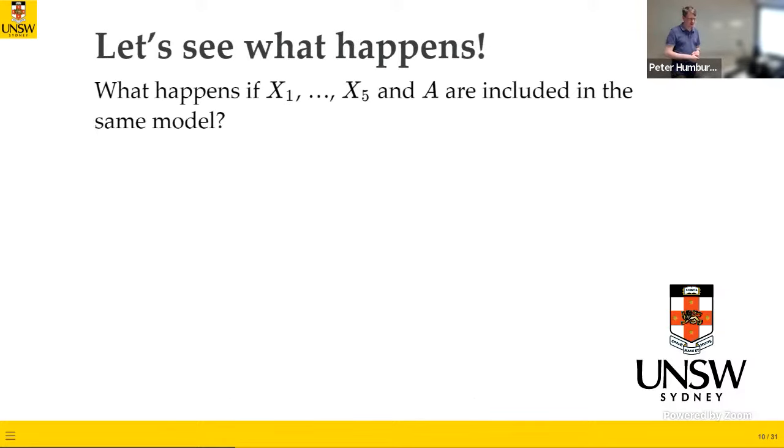All right, so let's see what happens. What would happen here if I actually try to fit a model that includes all of these variables, x1 to x5 and A? What do you think might happen? Yeah.